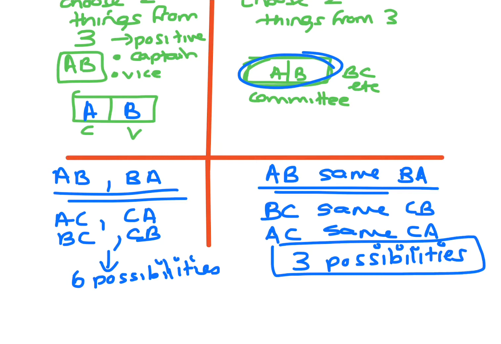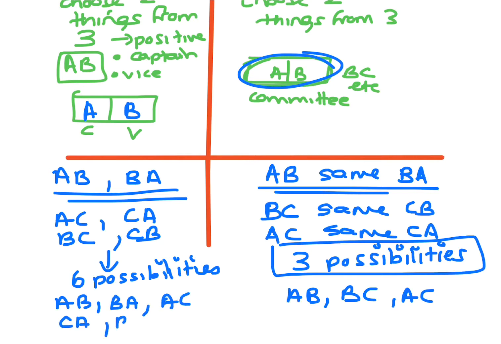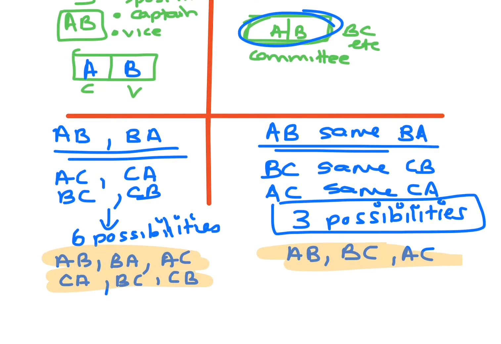Okay, so you've got 3 possibilities here, AB, BC and AC. And here you have AB, BA, AC, CA, BC and CB. So that's where the order actually matters, and that's where it doesn't matter.